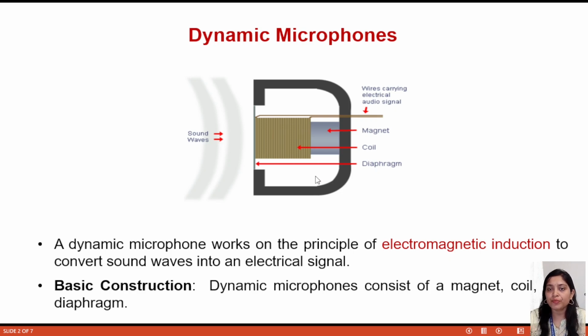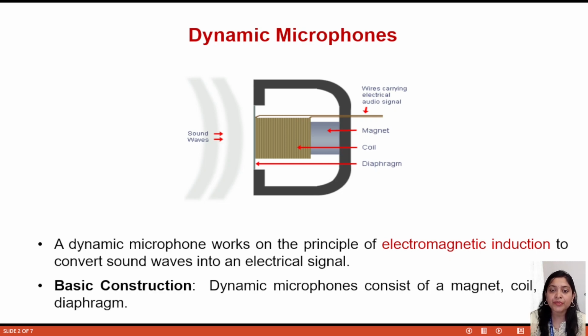The main principle of this microphone is electromagnetic induction. In this way it converts the sound wave into an electrical signal. How it converts, I will describe in the next slide.